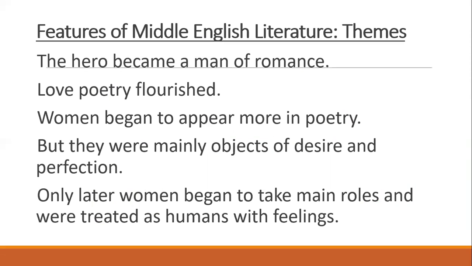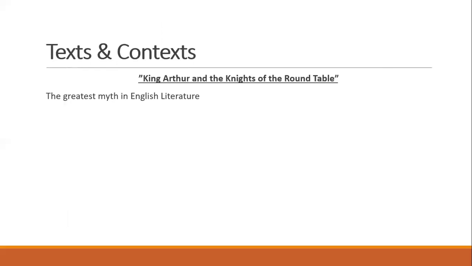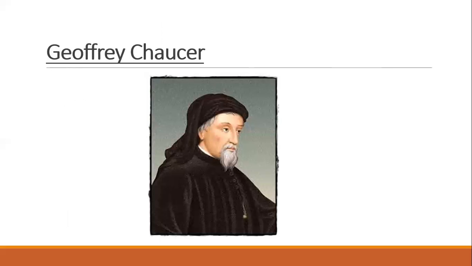And then we will get back to the features and reflect on how that work represents the era. Okay, so when we talk about Middle English, especially early Middle English, we talk about the most important figure at that time, who is Geoffrey Chaucer.